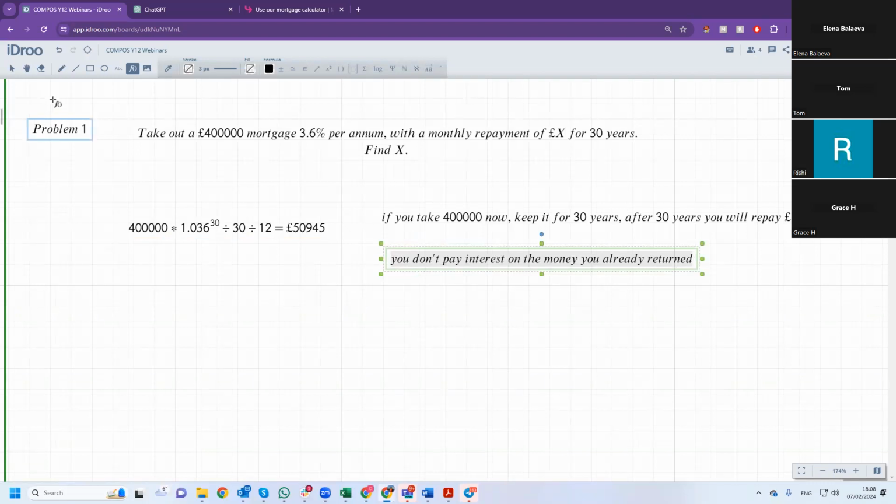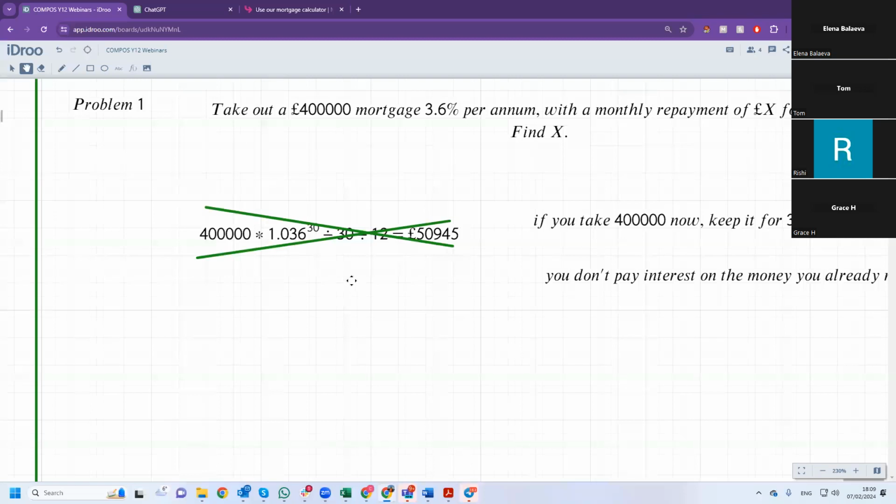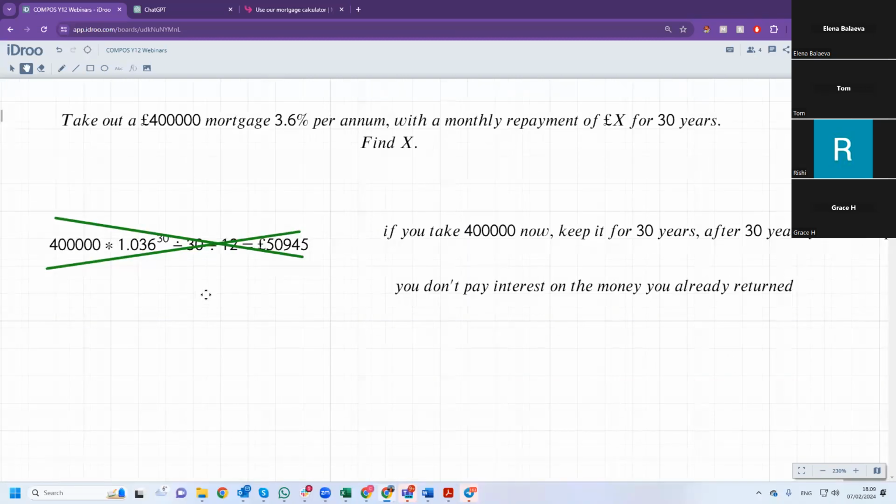Okay, so this is wrong. 50,000 seems unreasonable, so I did something wrong. Answer divided by 30 divided by 12.